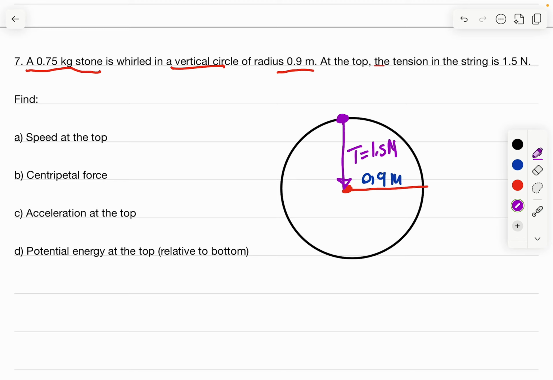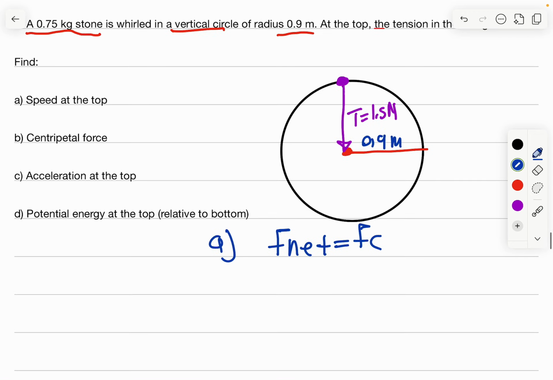The length, actually. Find the speed at the top. You know you want to find the speed, so you say F net equals centripetal force. You draw a free body diagram at the top. You cannot calculate without that.